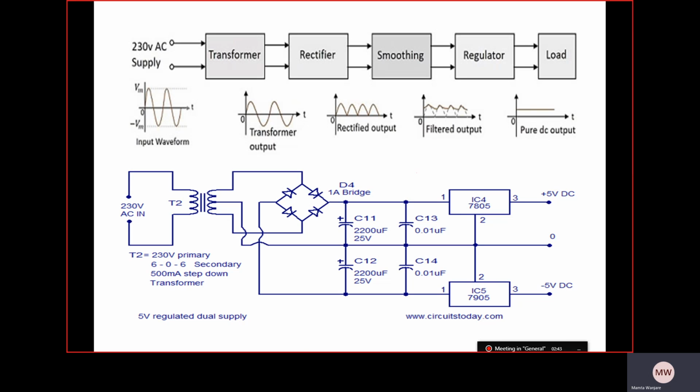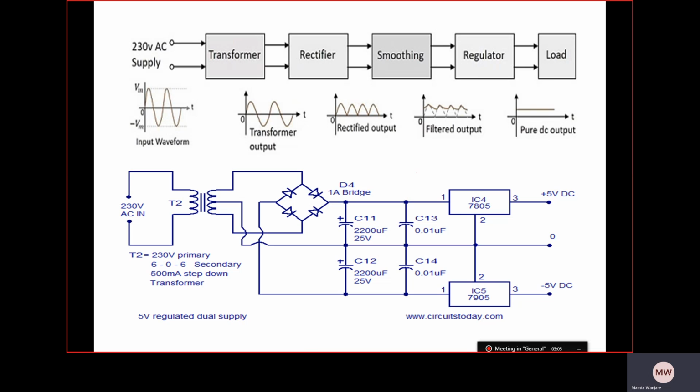In full wave rectifier, basically we use a bridge type rectifier circuit. Output of the rectifier is given to the filter circuit. Normally we use a capacitive type filter circuit. Output of the filter circuit is given to the voltage regulator.